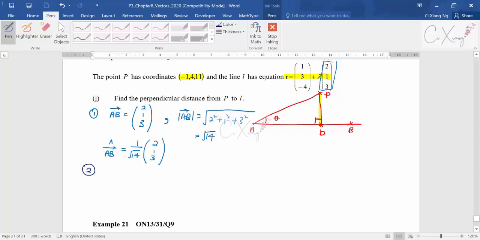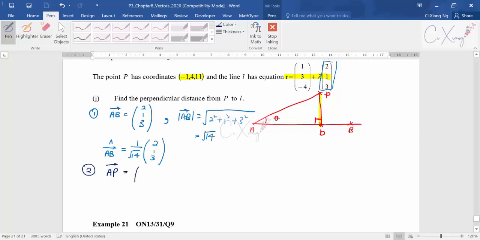Okay, wait, according to the notes, the second step is find AC and AD. So maybe for me, I need to find AC first. Yes, correct. So AC first. AC means AP in this example.